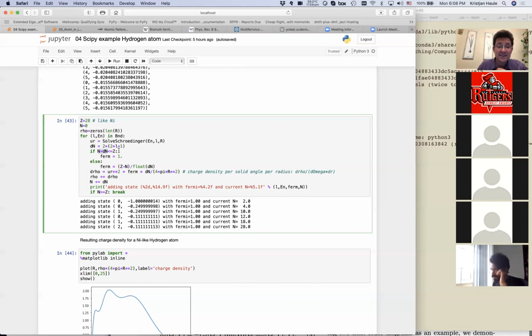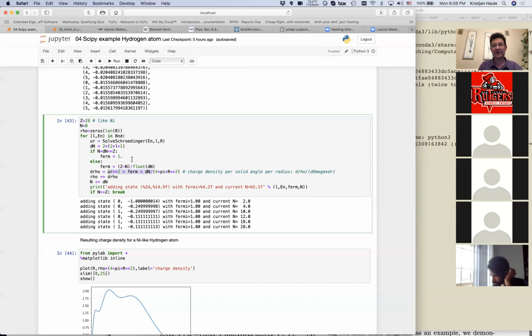And if this is still less than z, then the Fermi function is 1, which means that you take the entire degeneracy of the orbital and add it to the current charge density. So basically, we're going to add dn times the Fermi function, isn't it, times u square to the charge density.